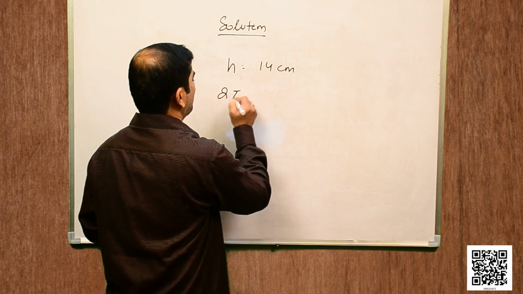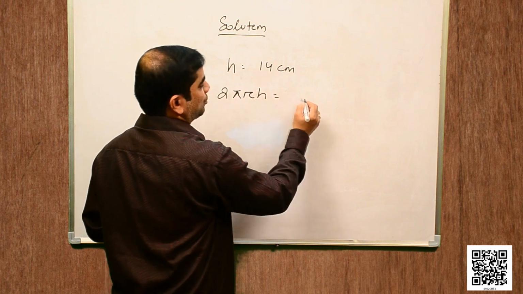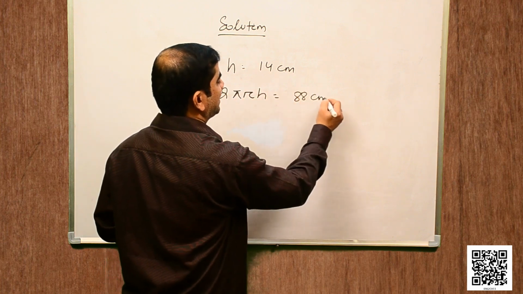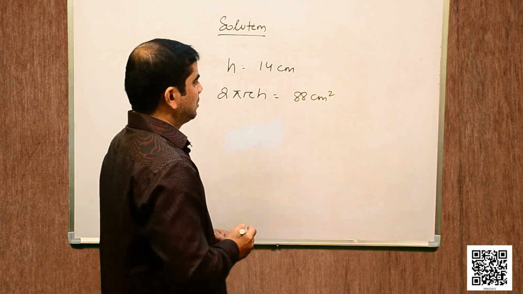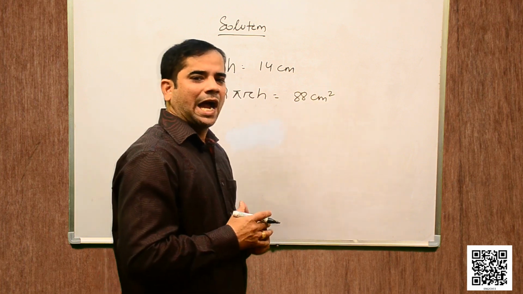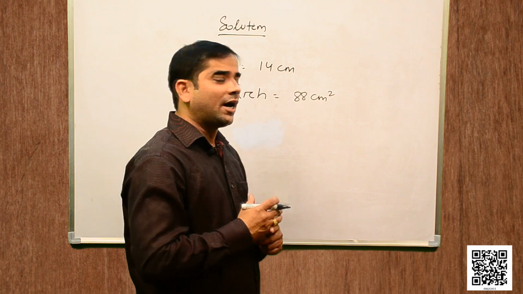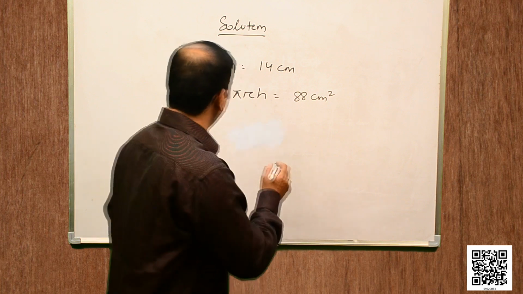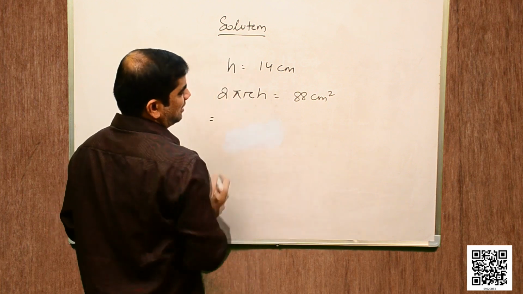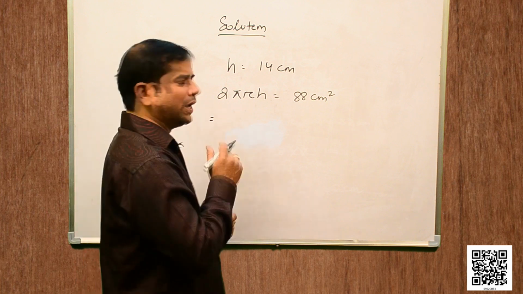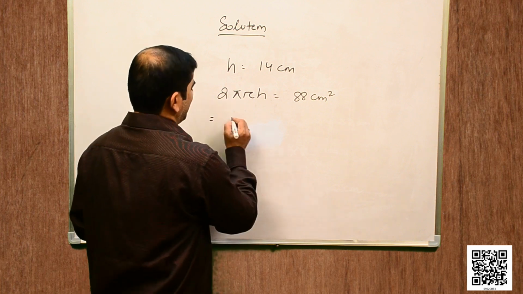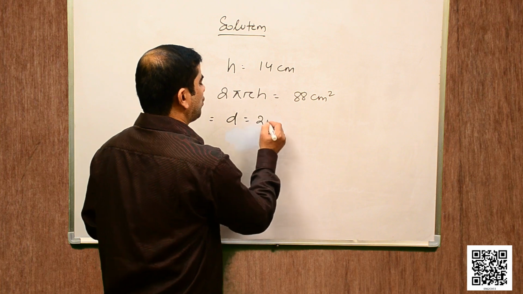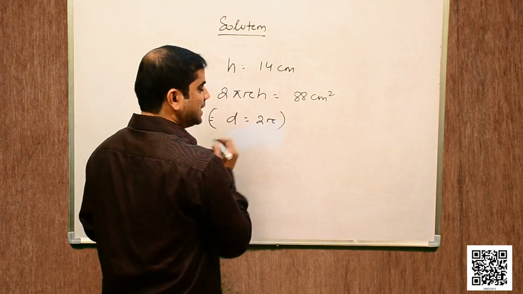So 2 pi r h is equal to 88 centimeter square. To find the diameter, we need to find the radius first. But from here we can do one thing. We know d is equal to 2r, isn't it?